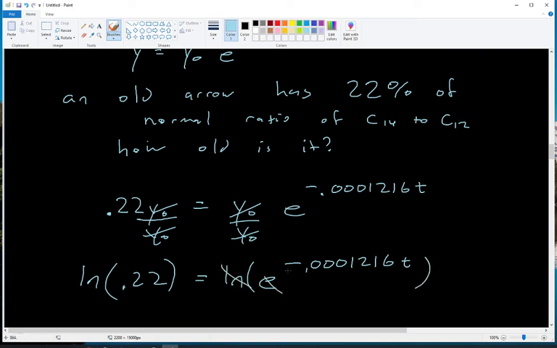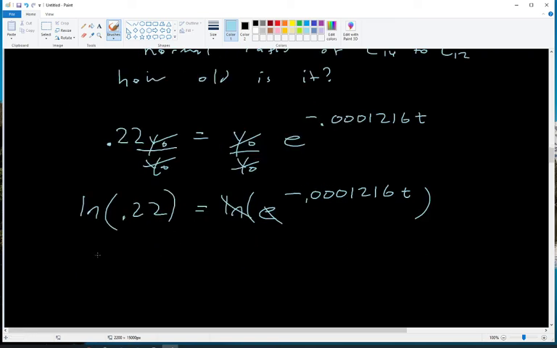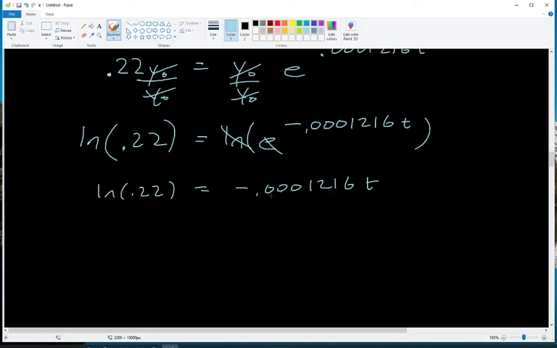It cancels the e, and so I get natural log of 0.22 equals negative 0.0001216t. To get the t by itself, I divide by the negative 0.0001216. That will be t.